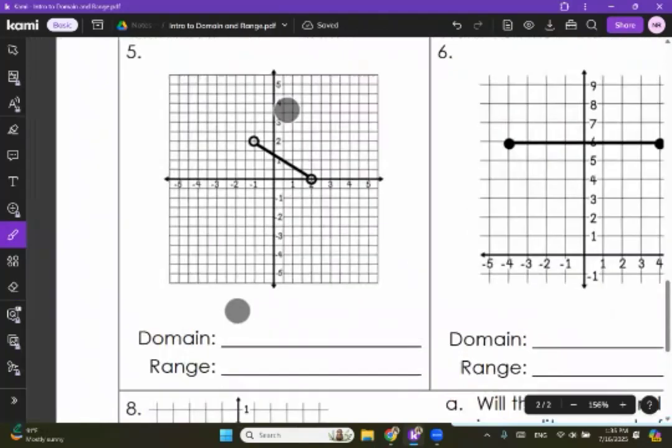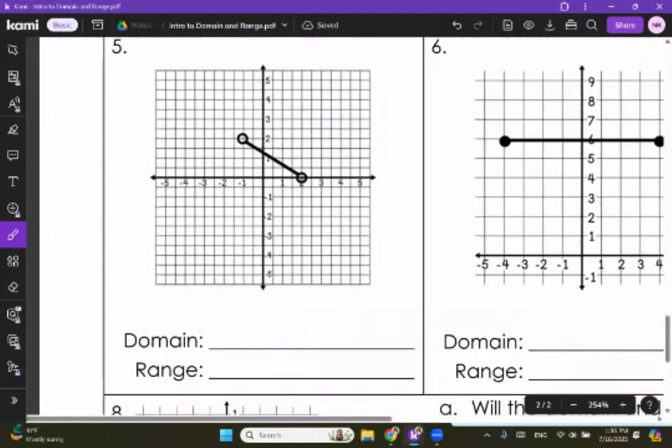So number 5, starting with the domain. The easiest way to do domain and range, especially with linear, is to label your endpoints. That's going to make it so much easier on yourself. So that point is (2, 0). Make sure you label your x and y.